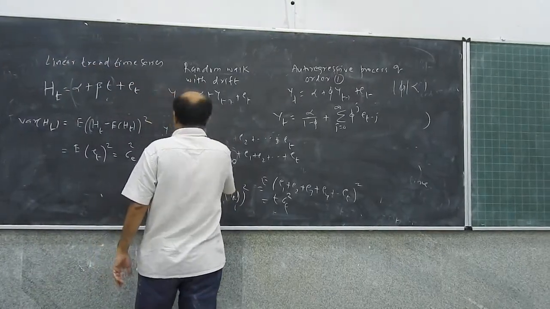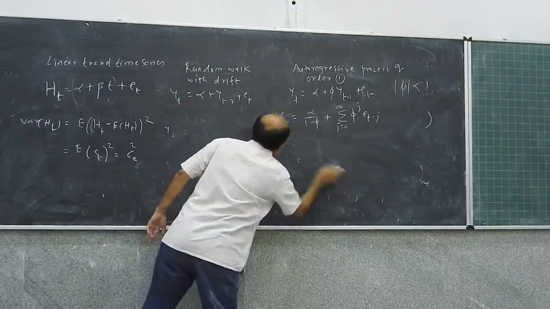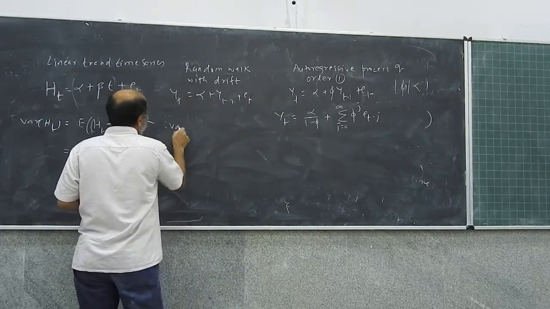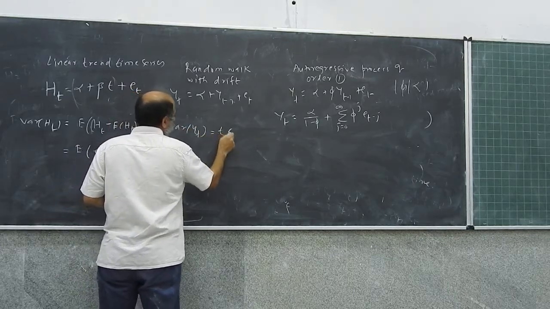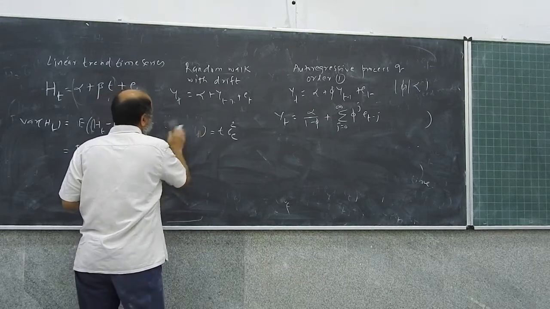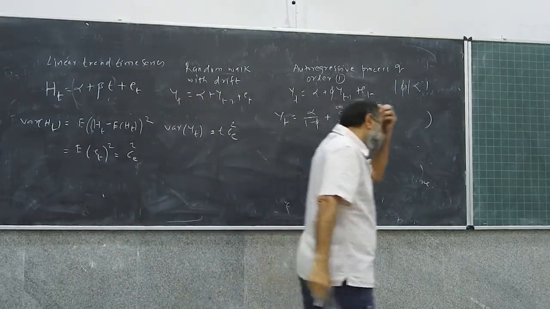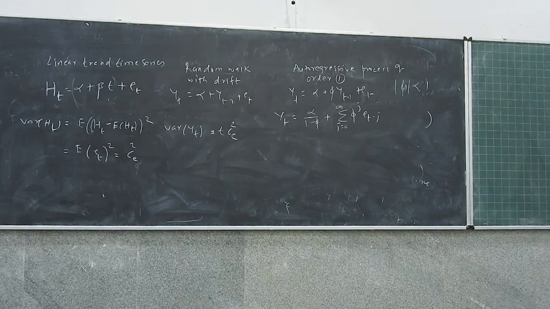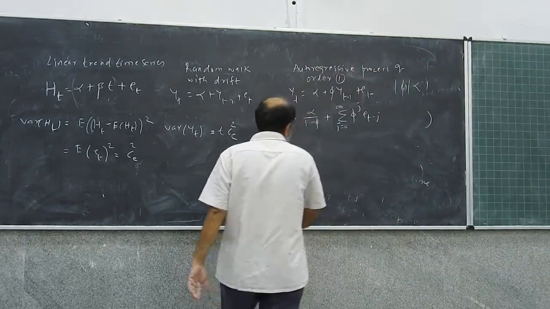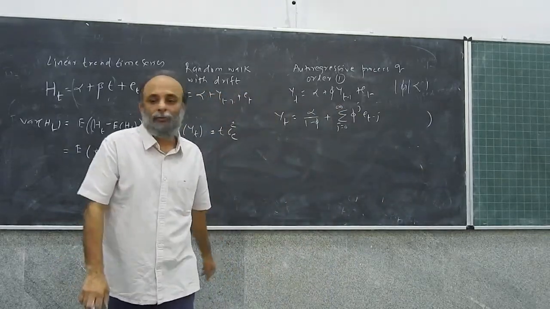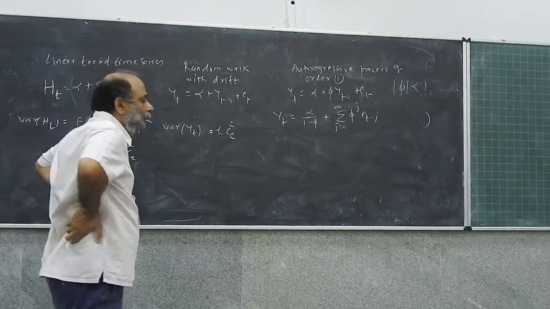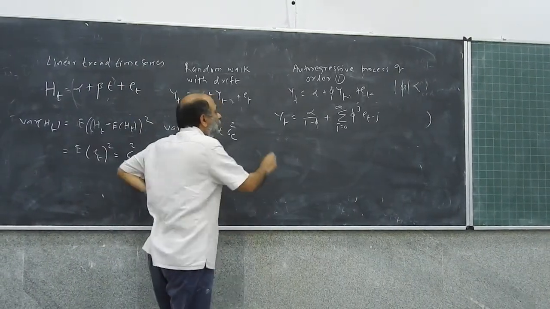So here, in this model, what do you think is the case? What is the expectation of YT? So what is the variance of YT here?